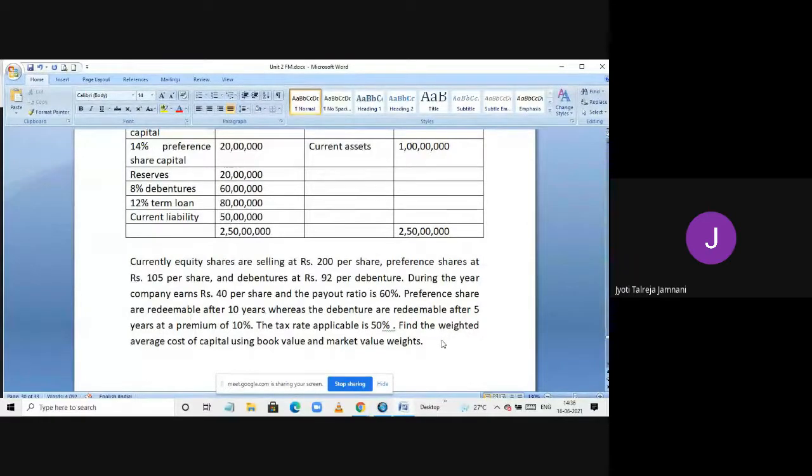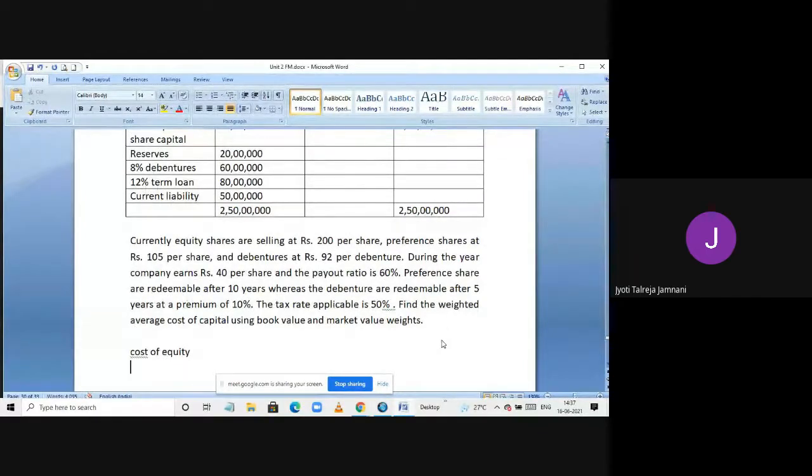Currently, equity shares are selling at rupees 200. So market price per share. First, I'm doing cost of equity, under which market price per share is given as 200. Preference shares at 105 and debentures at 92. When we go to preference and debentures, we'll check that. During the year, the company earns rupees 40 per share. So they have given you the earning per share, EPS, rupees 40.